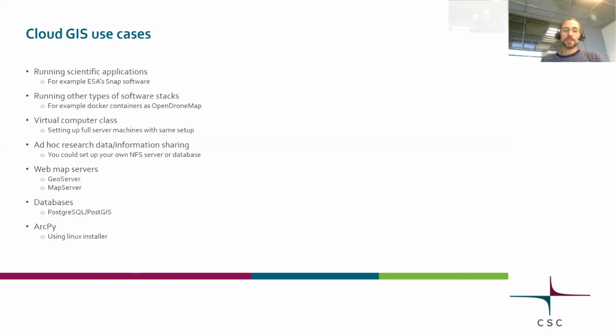And we even have some instructions about ArcPy, how to run Linux tools in our cloud server. So basically most of the things that are on this page are taken from the GitHub repository of geocomputation that we have. So you could use those instructions to set up one of these examples.